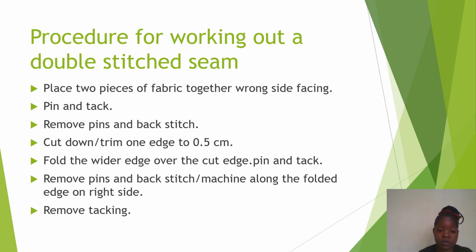Trim one edge to 0.5 centimeter, then fold the wider edge over the trimmed garment, pin and tack, remove pins and machine along the folded edge on the right side, then remove tackings, then press the completed seam.